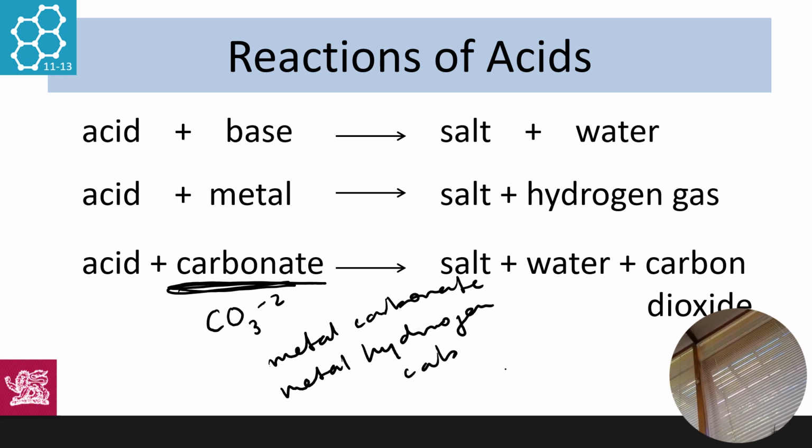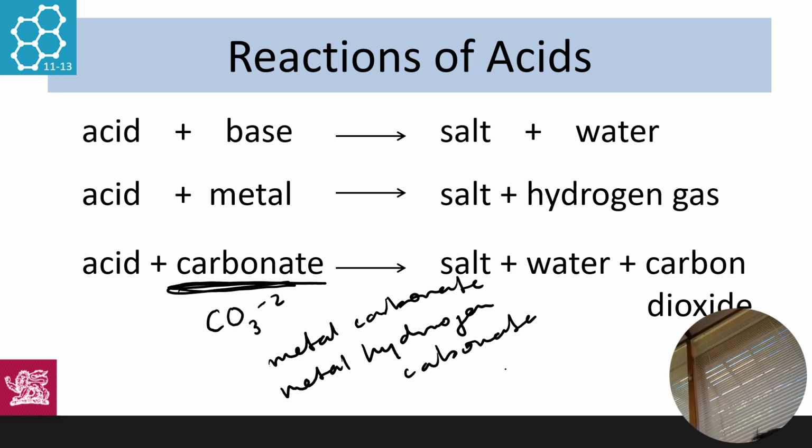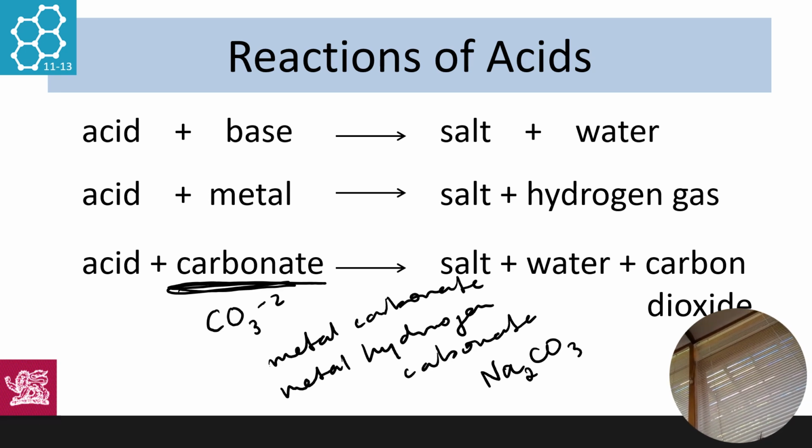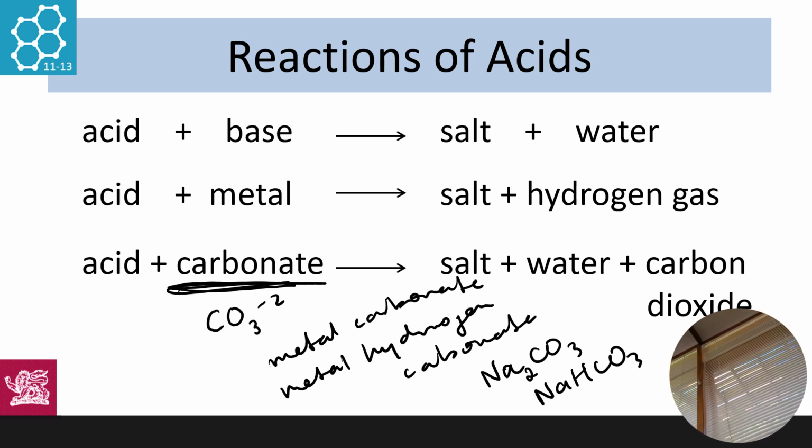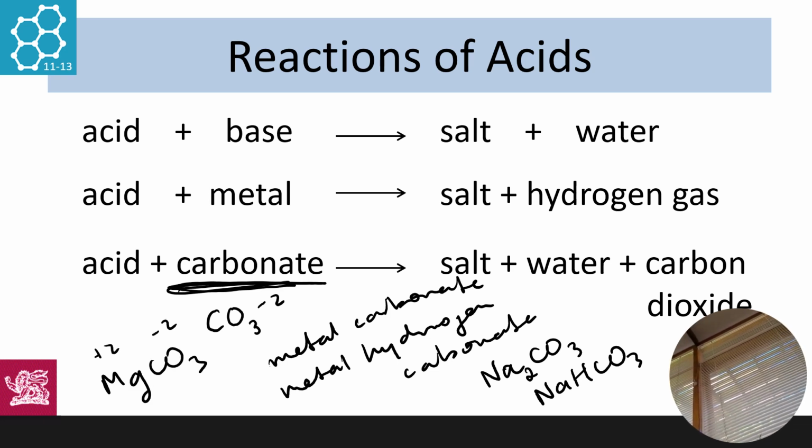I'll give you some examples. So a metal carbonate example would be sodium carbonate. So sodium, 2 of those, because each sodium is +1, and carbonate is -2. Or sodium hydrogen carbonate would be one of those. Magnesium carbonate, because it's +2, would be MgCO3, because that's +2 and that's -2.